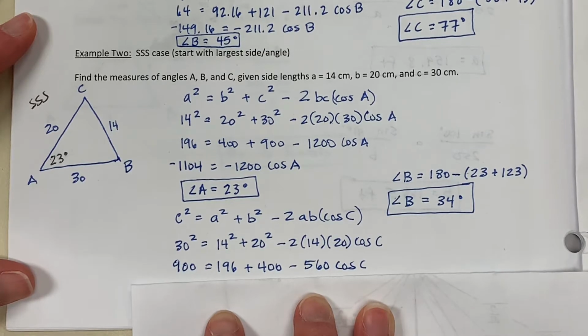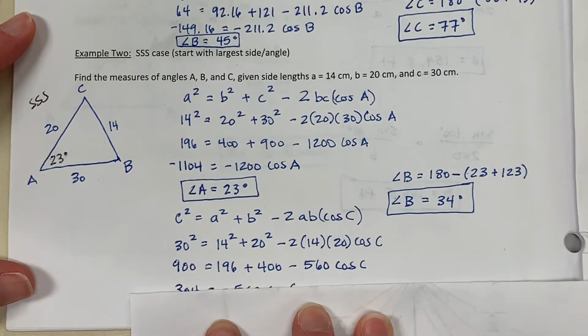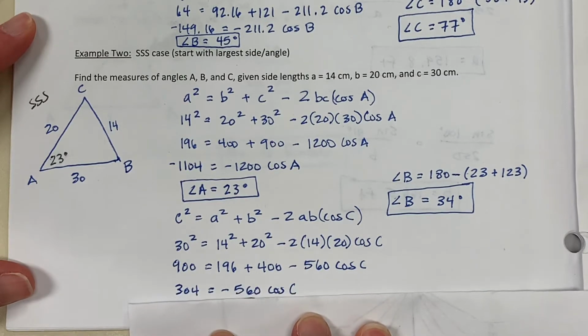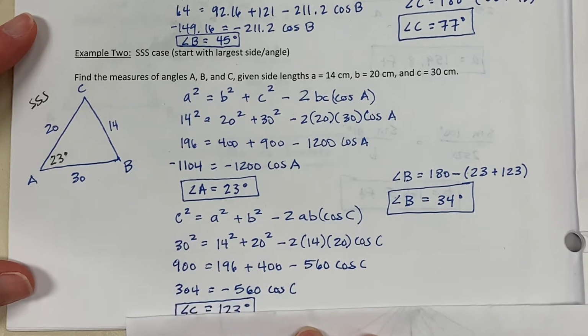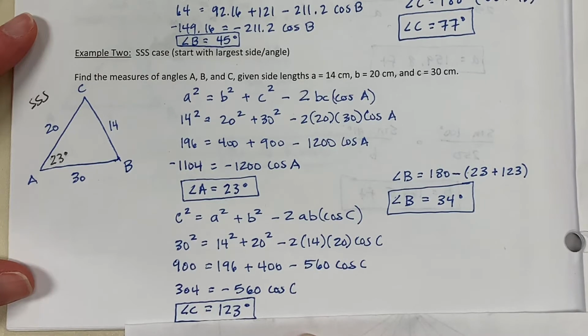To solve for angle C, I subtract 196 and 400 from both sides. So I get 304 equals -560 cosine C. I divide both sides by -560. So I take 304 divided by -560 and then take the inverse cosine of that value, and angle C is 123 degrees.